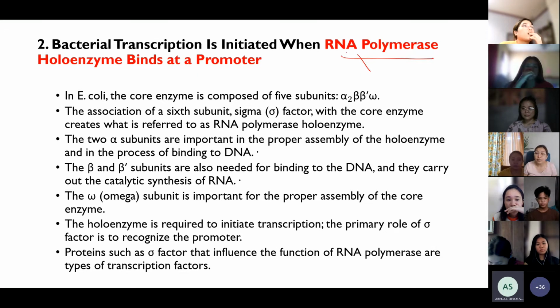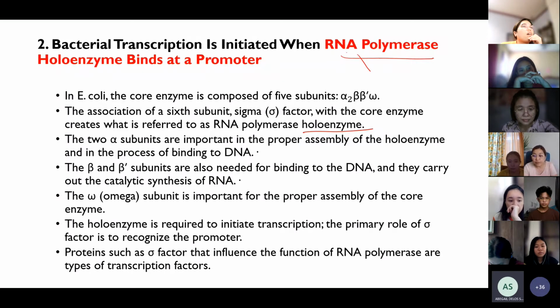Sigma is the sixth one. So we have your alpha, alpha 2, beta prime, omega, and we have the sixth subunit, which is our sigma factor. Together these create our holoenzyme. The two alpha subunits are important in the proper assembly of the holoenzyme and the binding to the DNA.